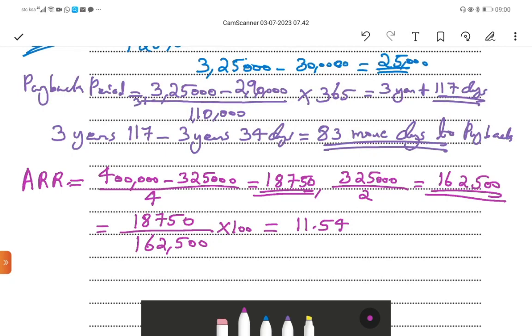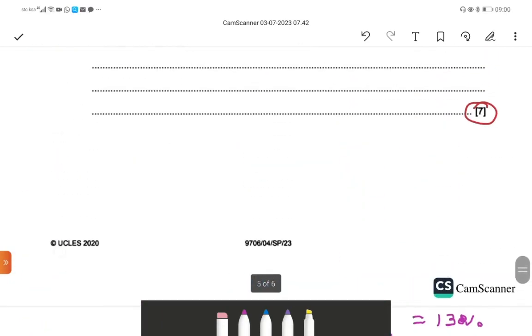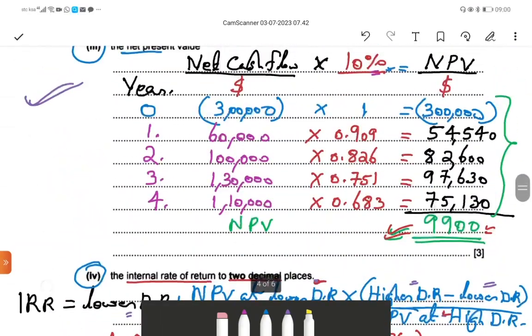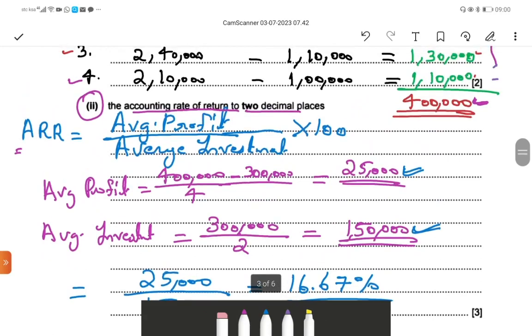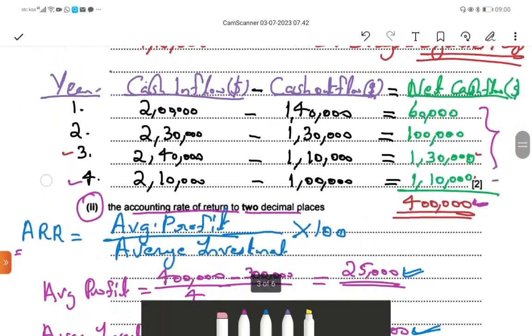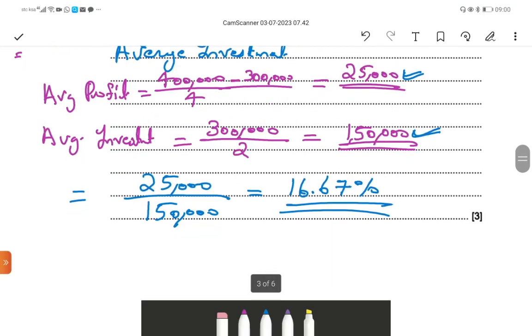Before, how much was that? Before, the accounting rate of return we calculated was 16.67.